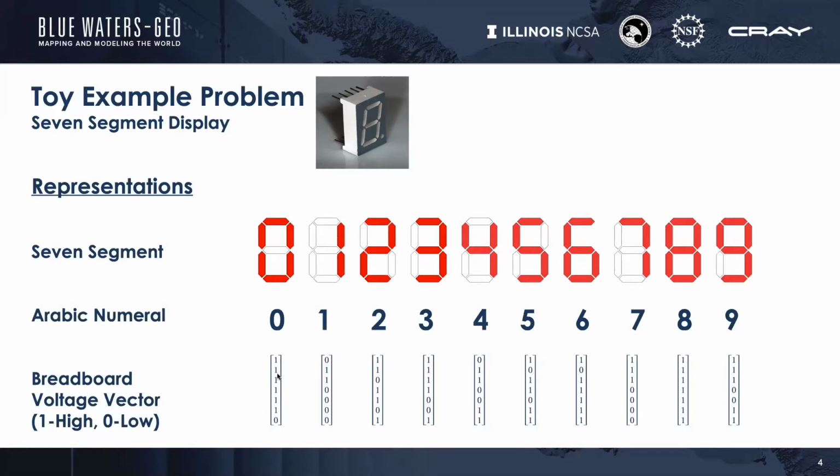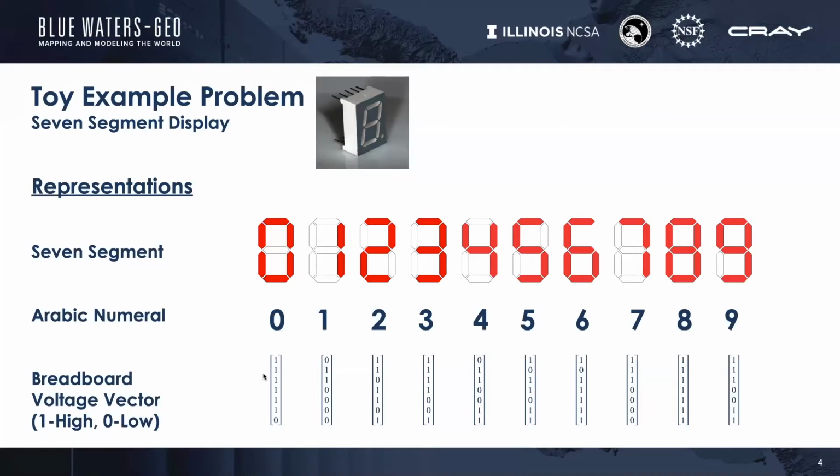So it's saying that all the segments are on and lit except for the last one, which happens to correlate to the middle horizontal segment. And then the Arabic numeral 1 has another unique voltage vector, 0110000, and then 2, 3, 4, 5, 6, 7, 8, 9. So it's this voltage vector that we're going to use as the encoding for the input of this example.